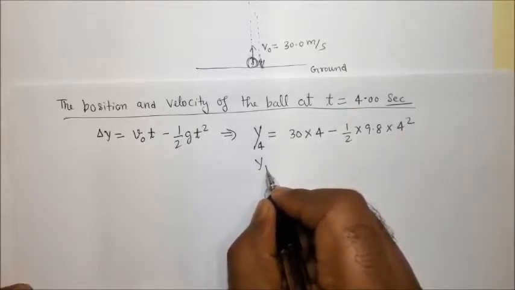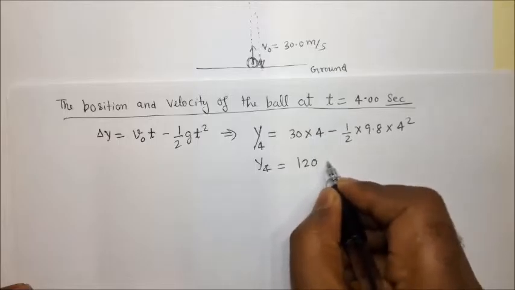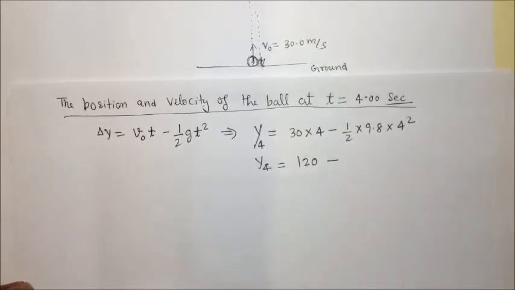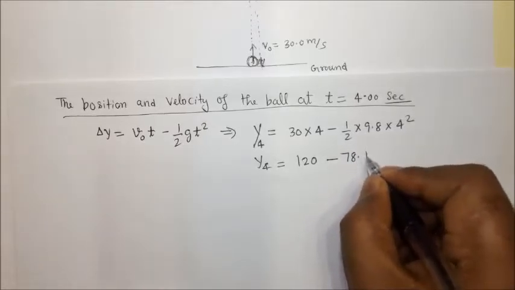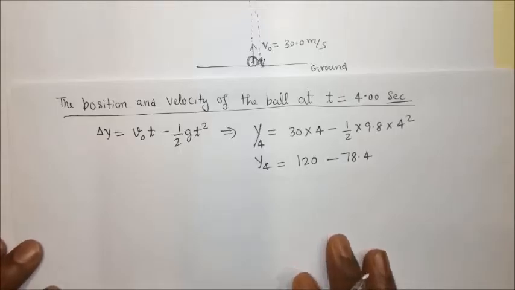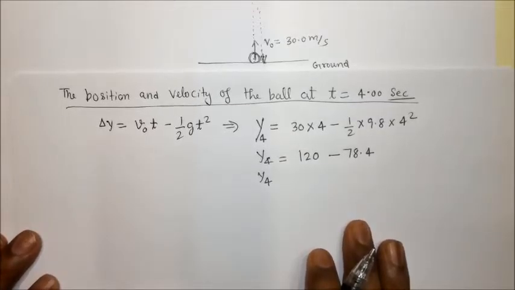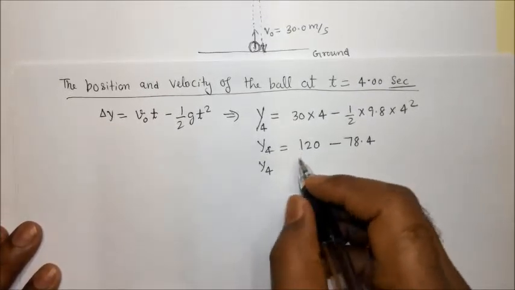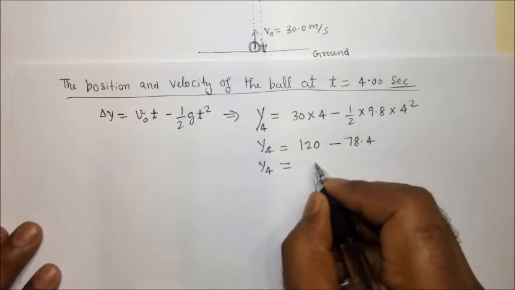So y4 is 120 minus 78.4. So y suffix 4 is 41.6 meters.